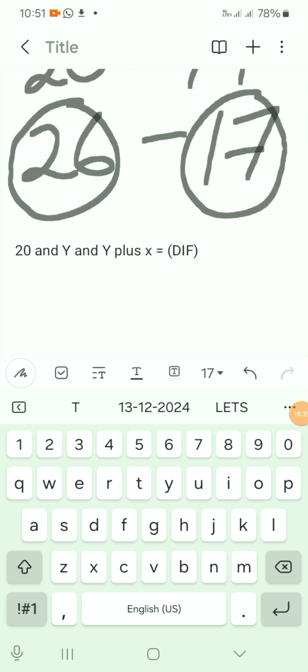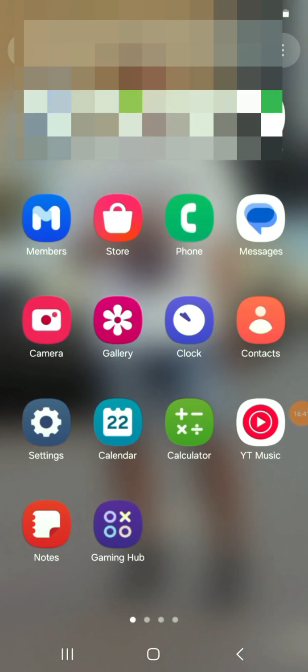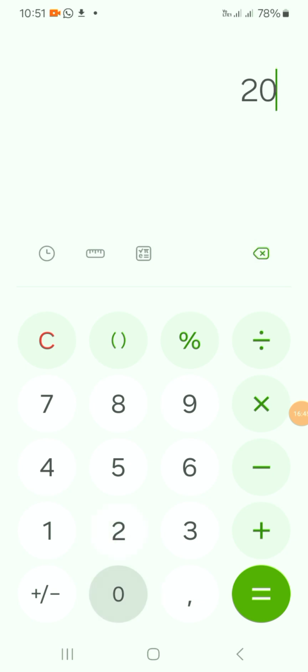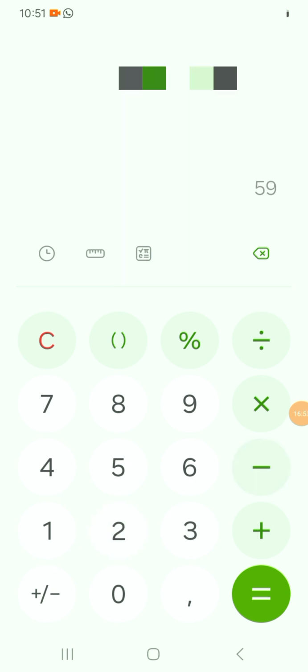We are now going to the calculator. We're going to say 20 and x, minus x.